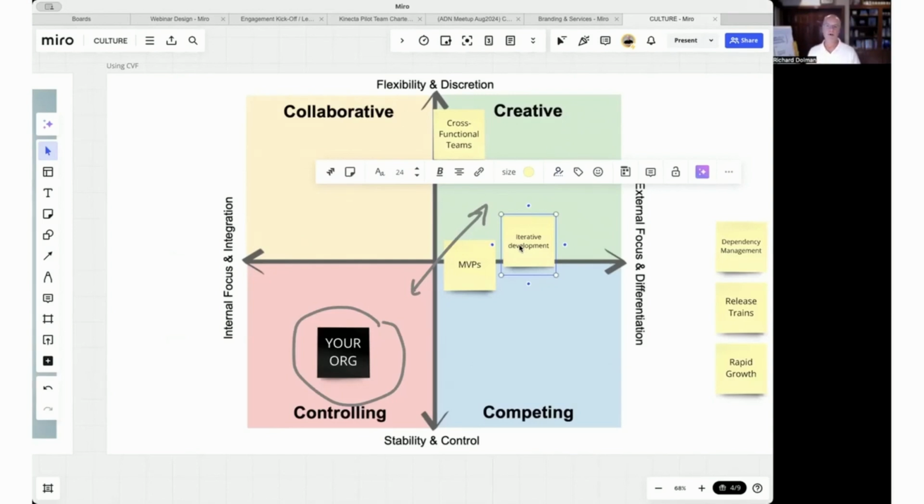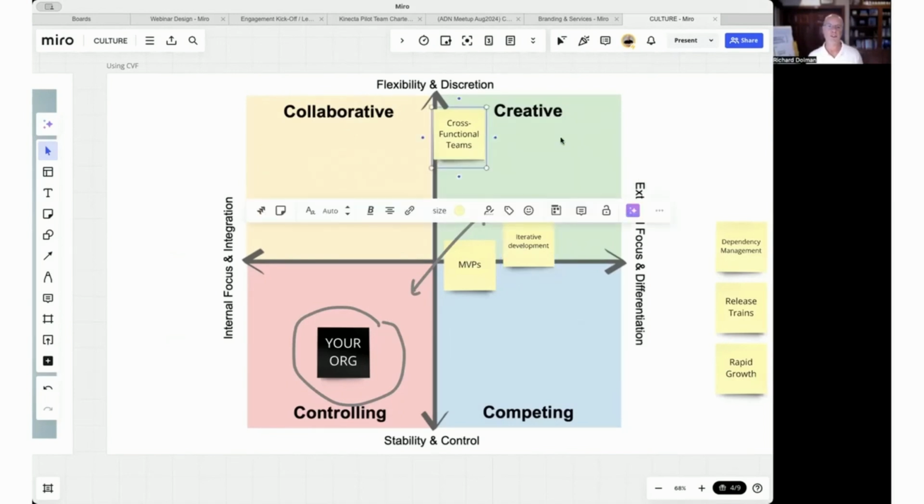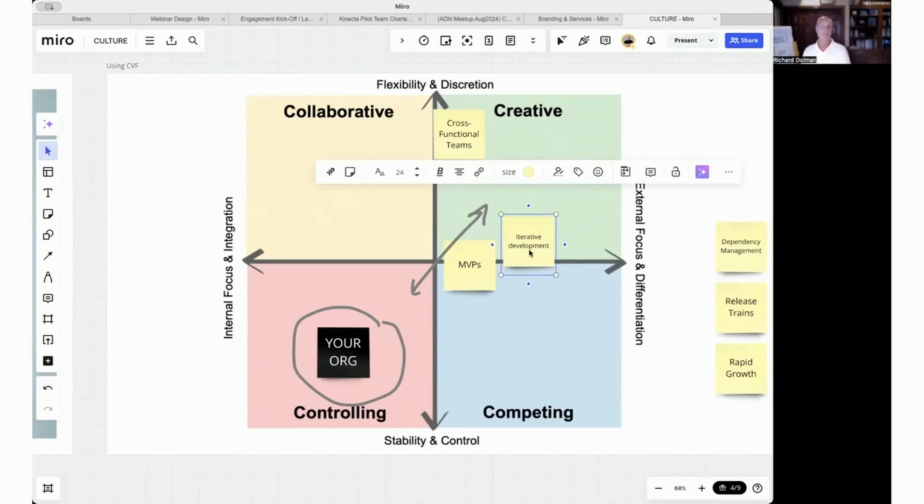So similar to cross-functional teams, it's probably not going to impact your hierarchy quite as much, but I'm sure you're going to have some tension with any of those control mechanisms that are in place, whether it's project processes, PMO processes, waterfall processes, documentation processes, etc. So you'll have to navigate similar challenges and similar tension as you did with cross-functional teams, but you can also, again, leverage the aspect that you're going to get things to your customers faster, which gives you more stability from a product delivery perspective. So you can navigate that tension.